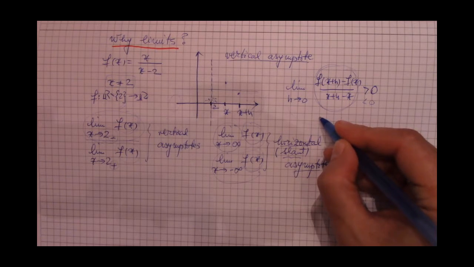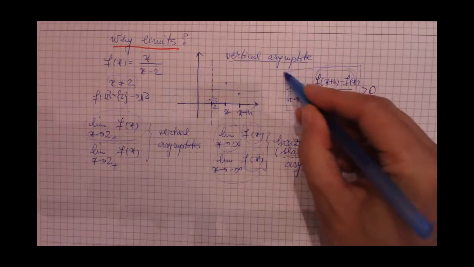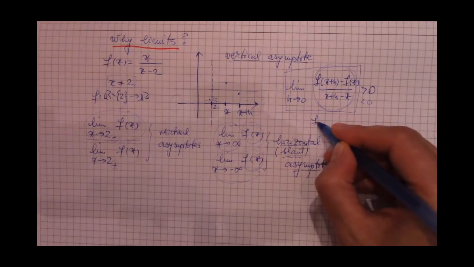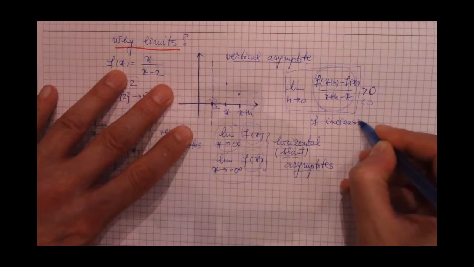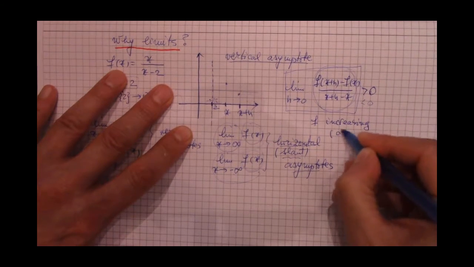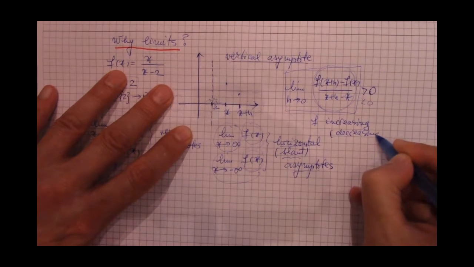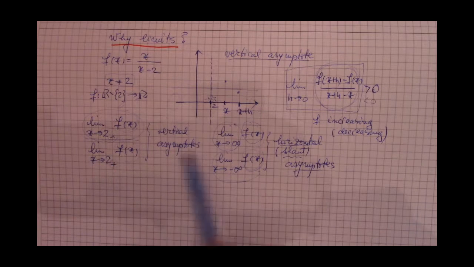So this type of limit is very important towards figuring out if a function f is increasing or decreasing. The bottom line is that in order to figure out more and more details about this function, we need to be able to compute a bunch of limits.